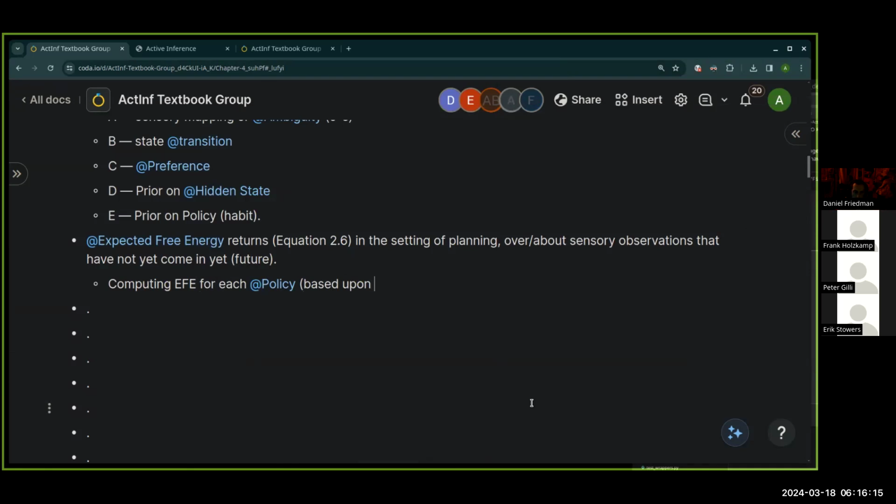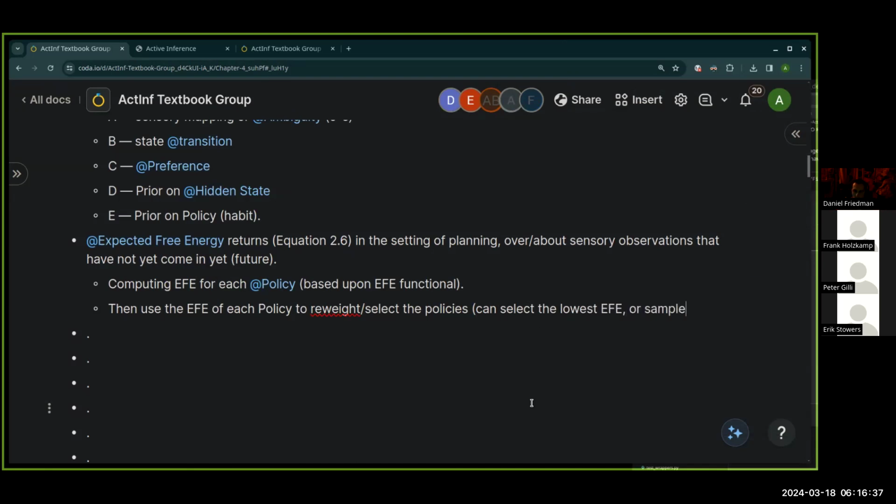Well, let's score the expected free energy for each of those policies, and whichever one has the lowest expected free energy at the end, you go with that policy and you go with the actions that that policy entails, in order to impact the environment, in order to impact the state transitions based on your transitions model, which basically is how you think your actions are going to impact the environment around you.